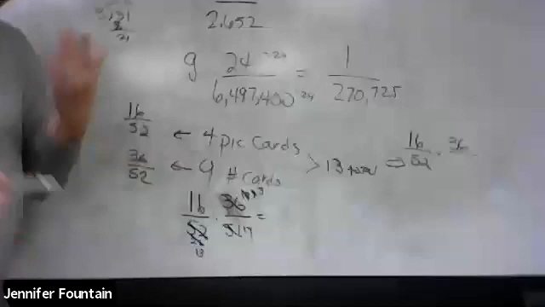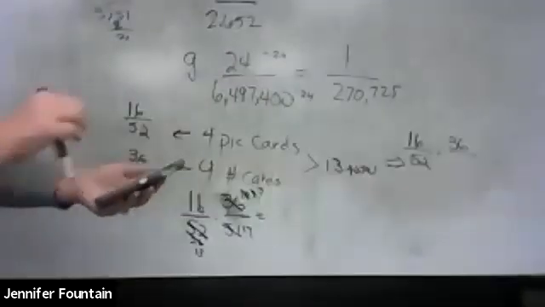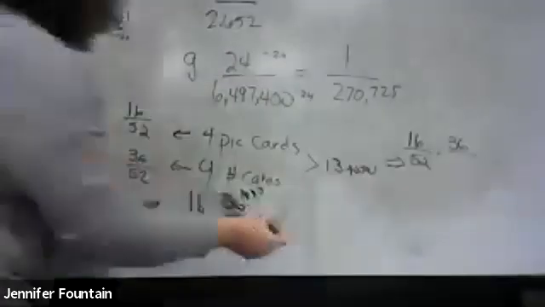So by simplifying before I multiply, I'm able to get smaller numbers. So now 63 is going to be 221.